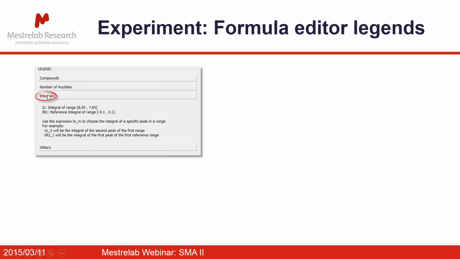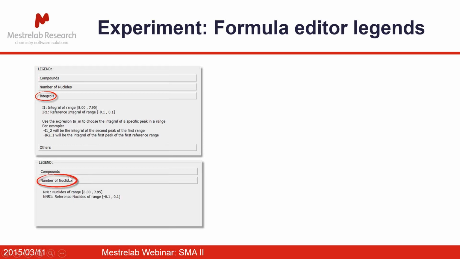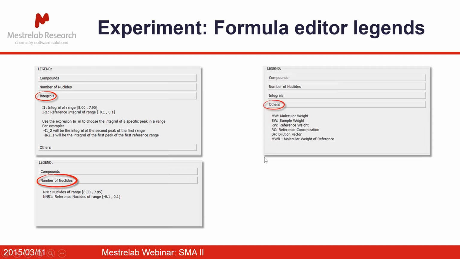So if I click on the integrals tab over here, it'll show me that I1 is this region from 7.95 to 8. IR1 is that region over there, and there's a little bit of further information down below that. If I'm interested in the number of nuclides, those are the way in which I can use them in the equations. I can use NN1 or NNR1, and they will correspond to those.